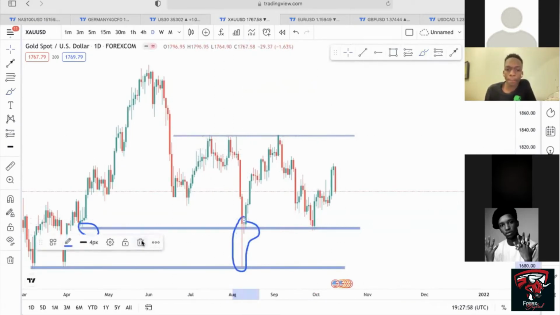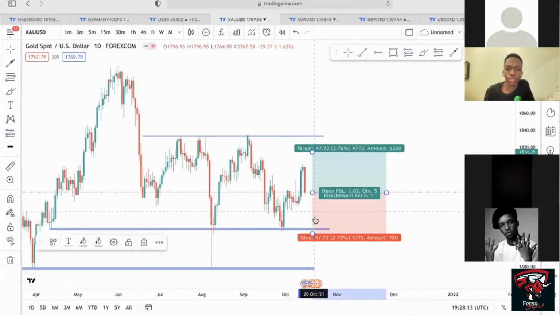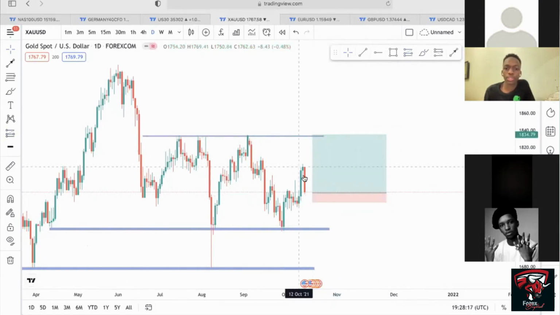But you can see that it's playing games right now. It's just retracing, but every retracement is an entry point. So I'm sure there's an entry point being created here so that we can ride this buy, and some entry points over here so we can capitalize off this movement.